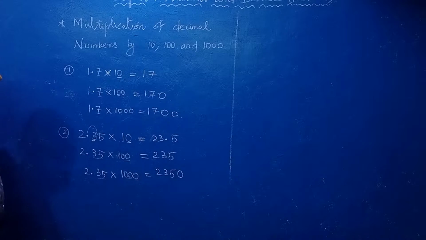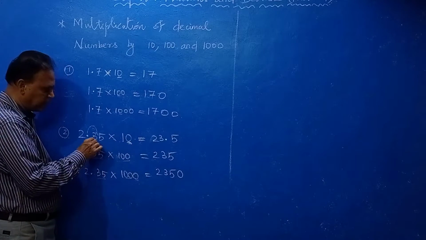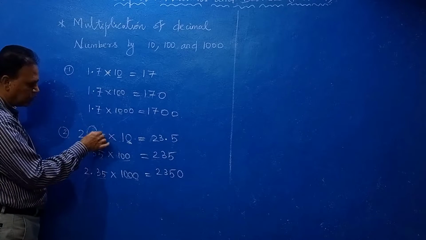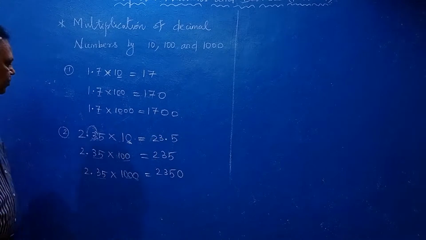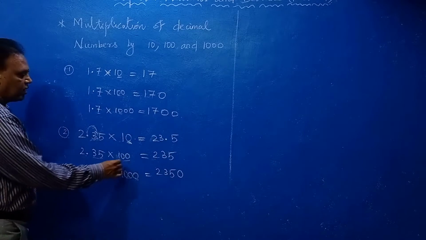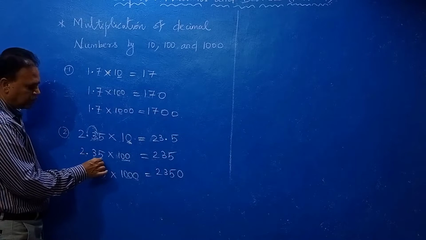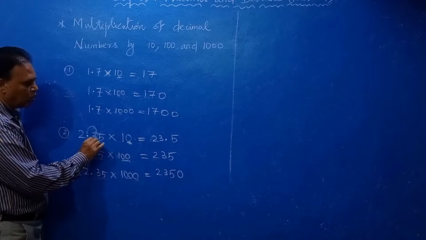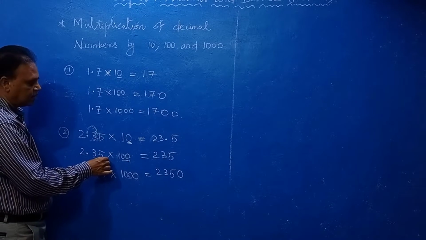Okay. So in the first case, there is only one 0, so you take one digit. You have to move this decimal by one digit, that means 23.5. Here there is 2 0, and after the decimal 2 digits are there, so you have to move this point to after 2 digits.